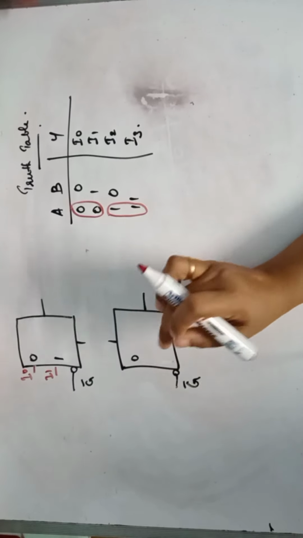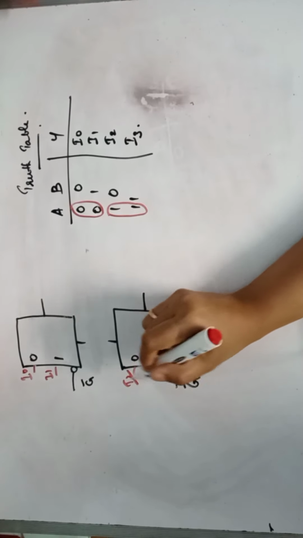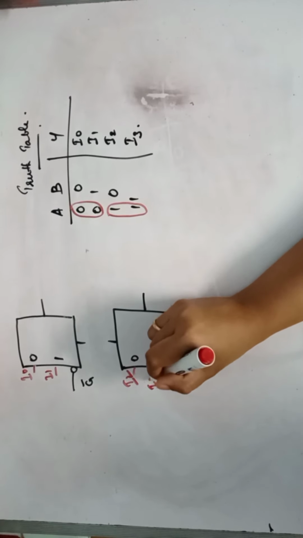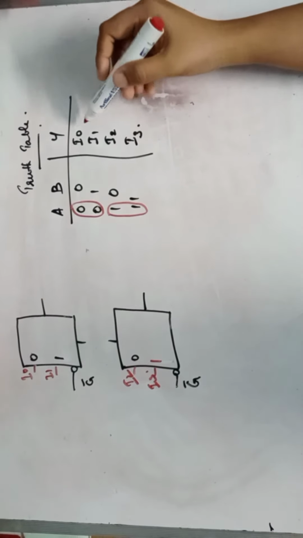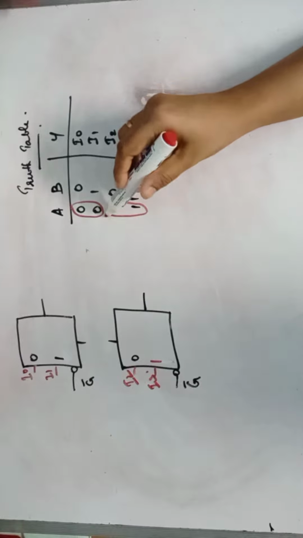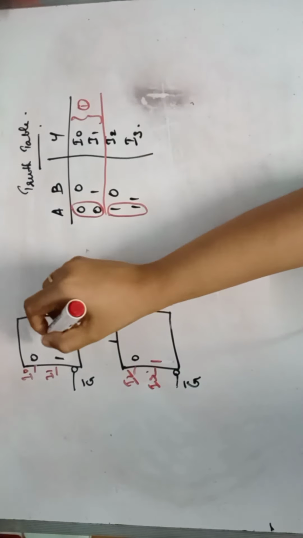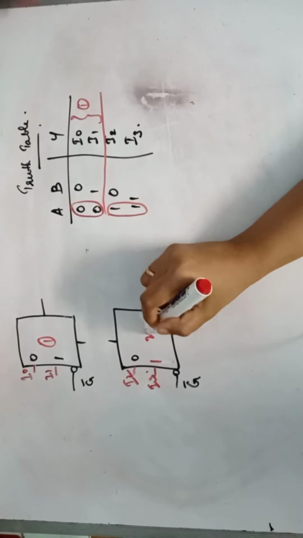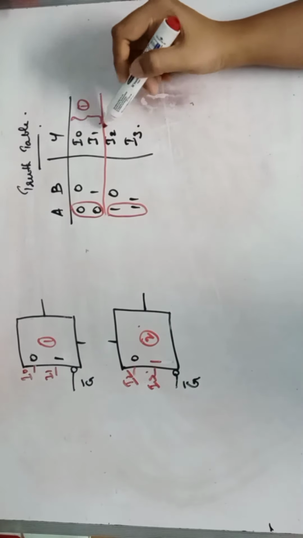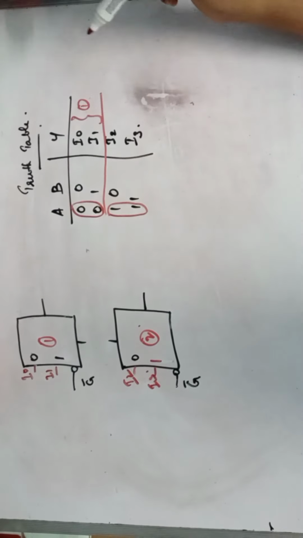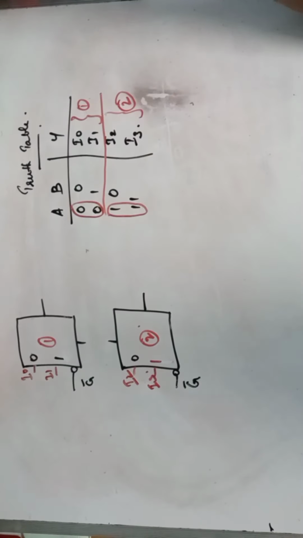Suppose this is my I2 and this is my I3. Okay, so that means this is my first IC, and this is my second IC. First IC is selected when A is 0 and second IC is selected when A is 1.